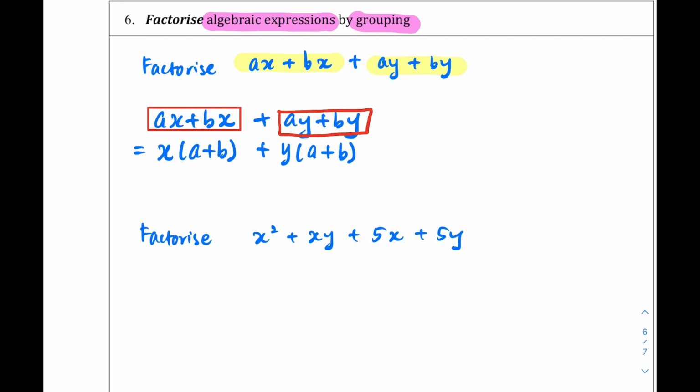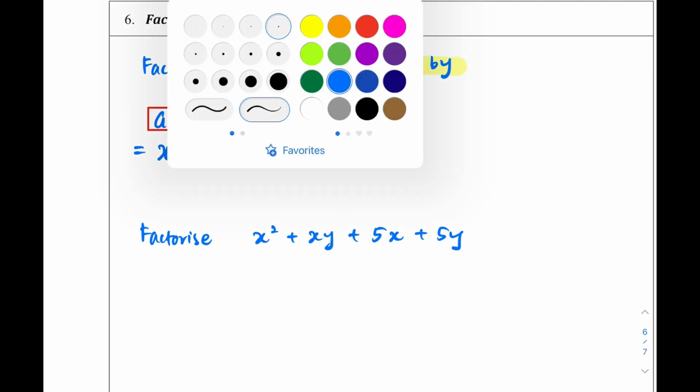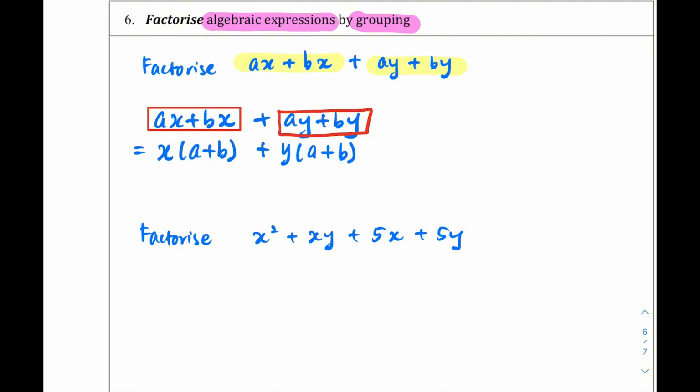Now, look very carefully at this expression and let's compare it with something like this. If we have xp plus yp, can you see that p is the common factor, and we can therefore extract p to get p times x plus y. Now compare this with what we have.